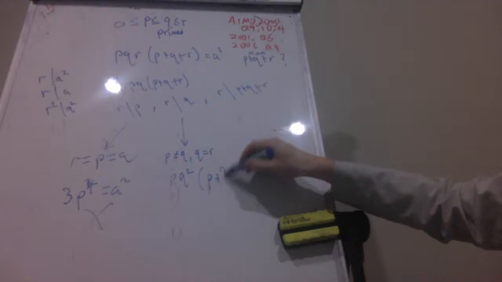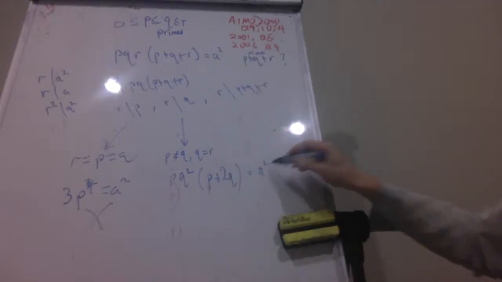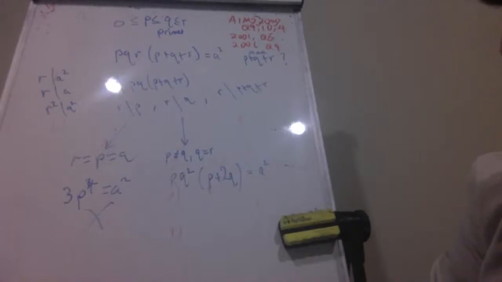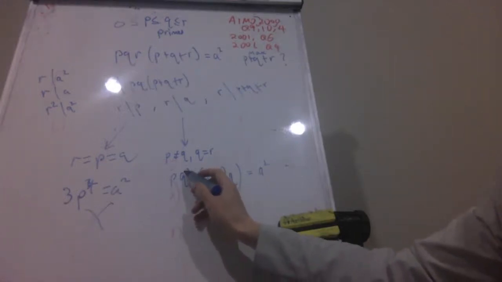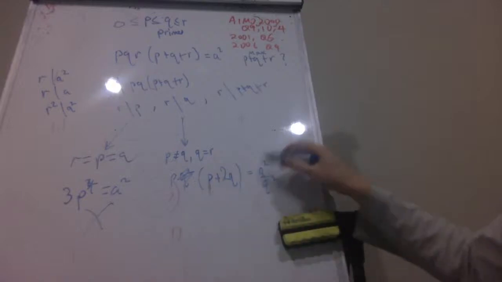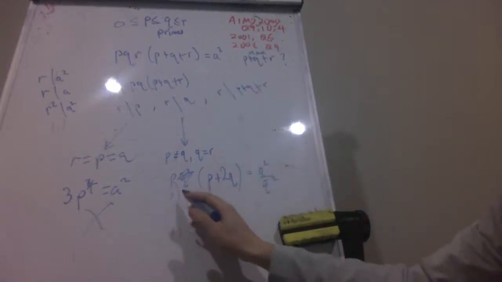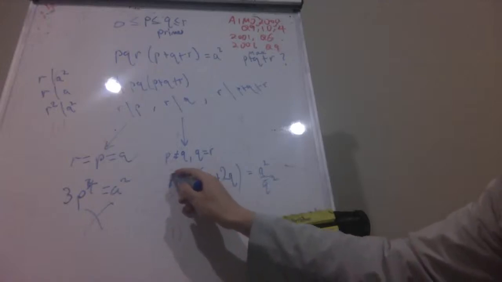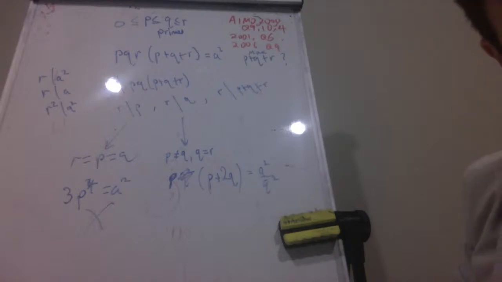P plus 2Q, right? It's a square number. But this Q squared is still a square number. So for this to be a square number, there needs to be a P squared, right?